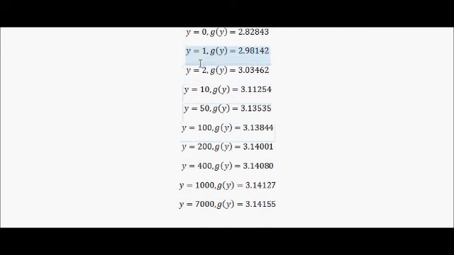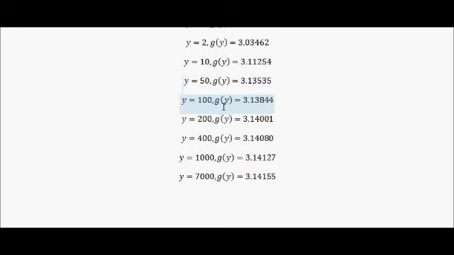So you can see here I've got all my terms here. So I've evaluated it at y equals 0, which is just one term. You get 2.82843. Y equals 1, a little bit closer. And you can see, as you add more and more terms in, it gets closer and closer to pi. And I can only go as far as the 7,000th term, because my computer can't deal with anything more than that.